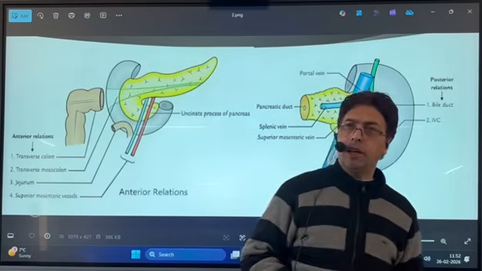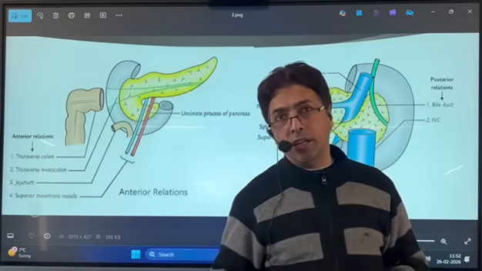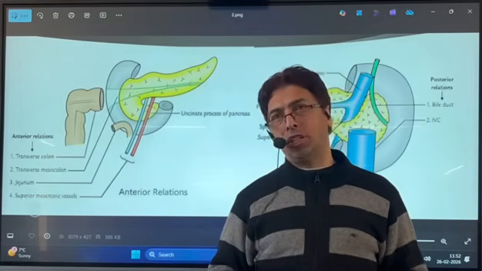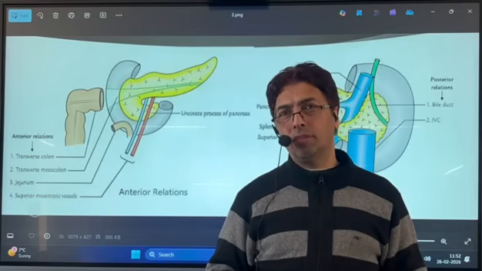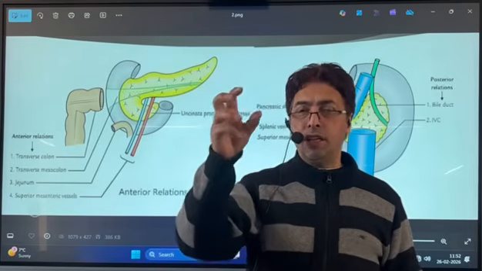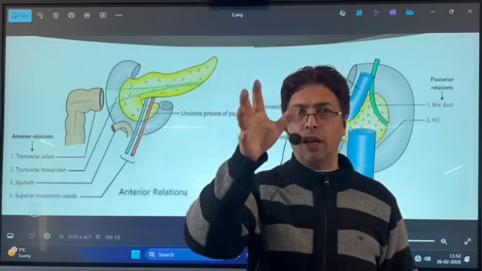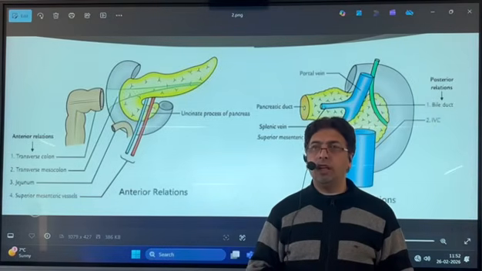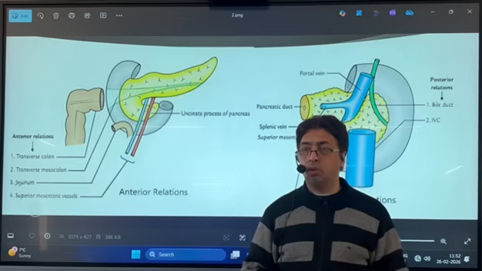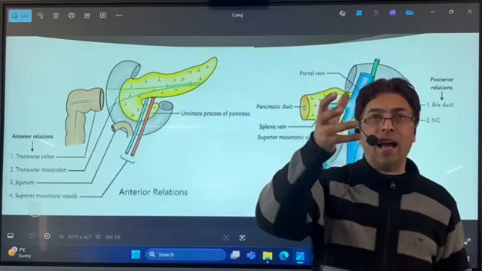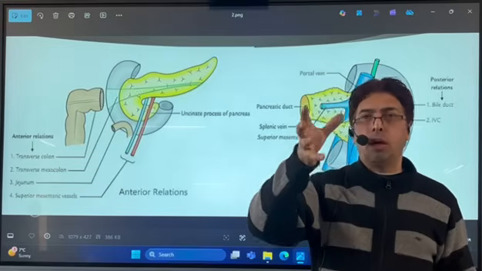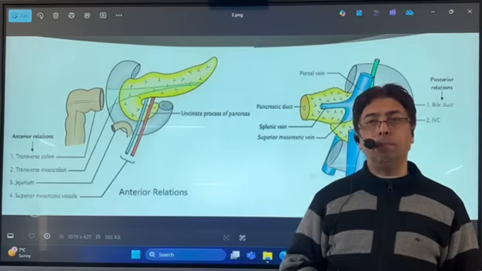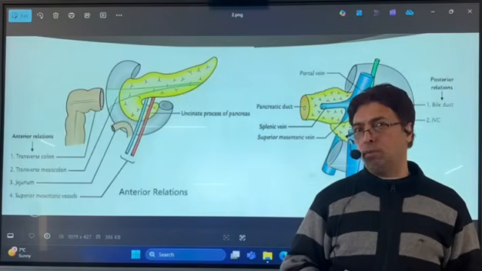Now, sometimes once this pancreatic inflammation occurs, it damages the vessels in its surroundings. These vessels tend to give way, and what we call inflammatory aneurysms form. The vessels dilate because they loosen up. That is potentially very dangerous, because a vessel can give way, and any big vessel which gives way can lead to hypovolemic shock.